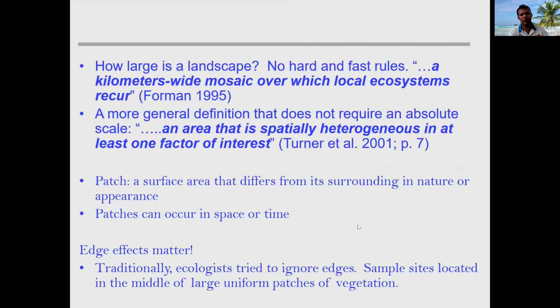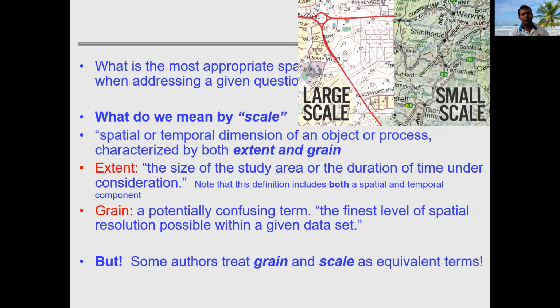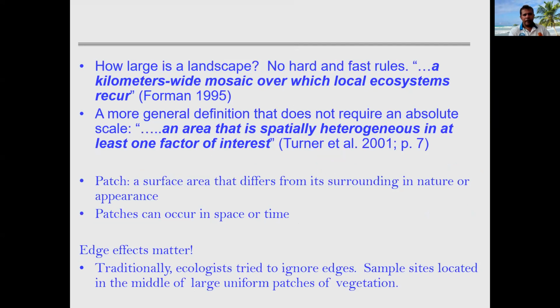So these two together we consider as the scale. I hope you got the idea about that. Again, we talk about scales that can be meters to kilometers to 1,000 kilometers, depending on what you are looking at, right?